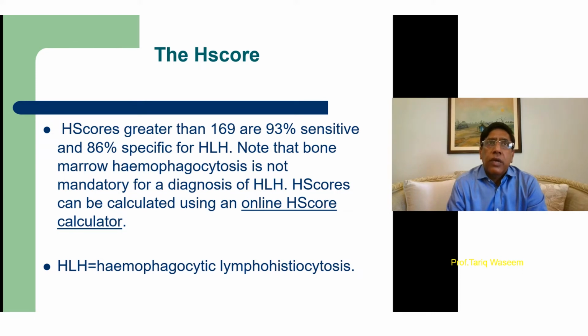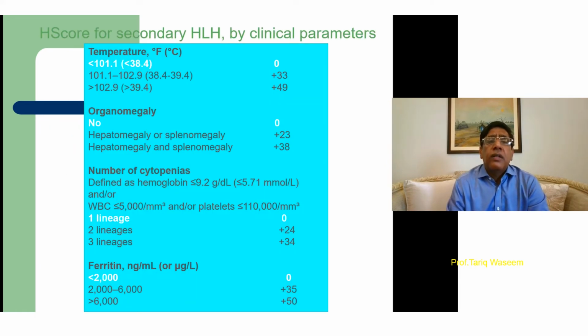And they also came up with the finding that you need not have a bone marrow done for this labeling or this scoring. And there is an online H score calculator available where you put in all those values, which I'll be showing in a moment. If you put those values in, you can predict the possible outcome of that very patient, that is, what are his chances of survival.